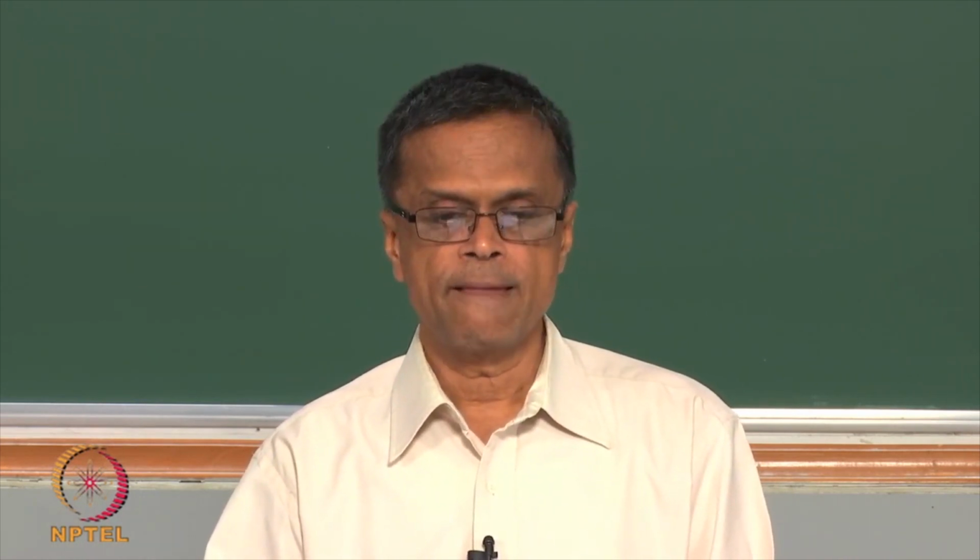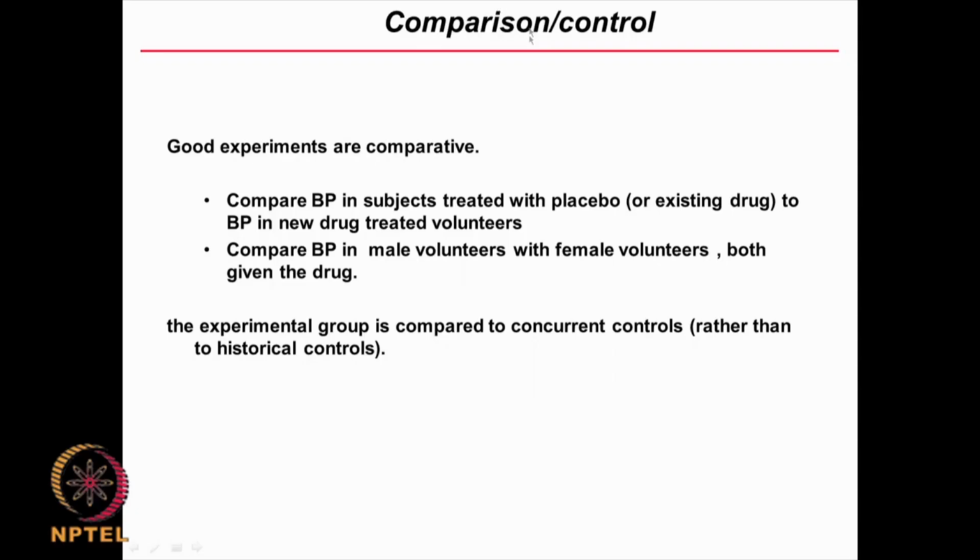If I want to do that sort of study, I may get volunteers in the current age, but I will not be able to get volunteers from the 1890s, right. So, that is a problem. In such situations, of course, we cannot have a comparison with concurrent controls. We have to make use of the historical controls only, in such situations. But otherwise, it is always a good idea to have concurrent control, be it placebo, old drug, old assay, old volunteers and so on.